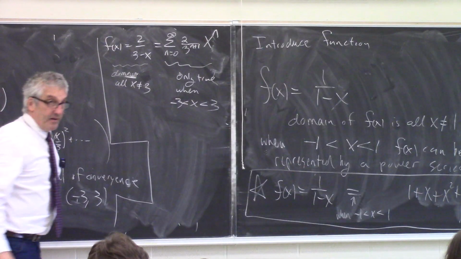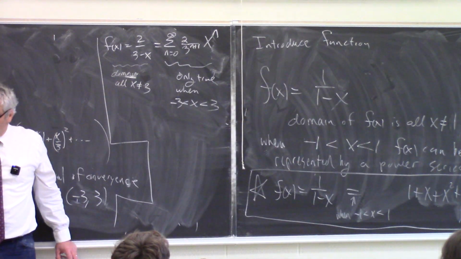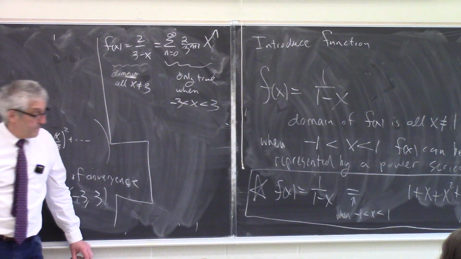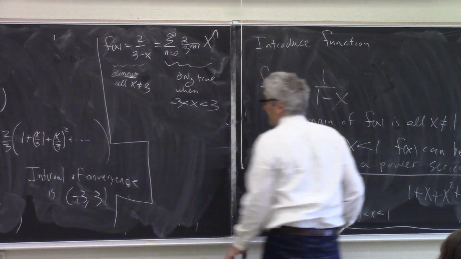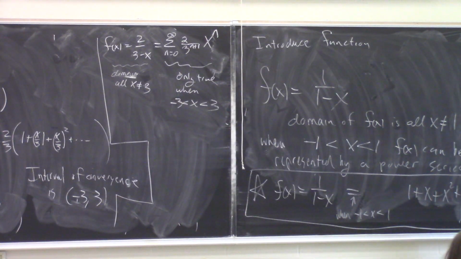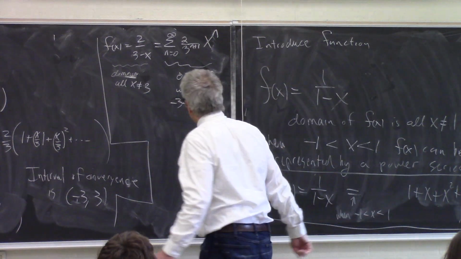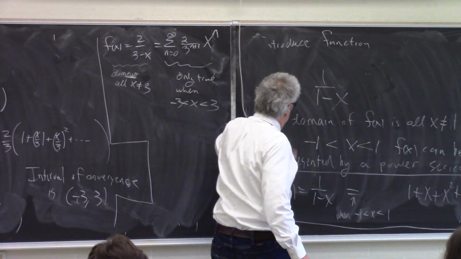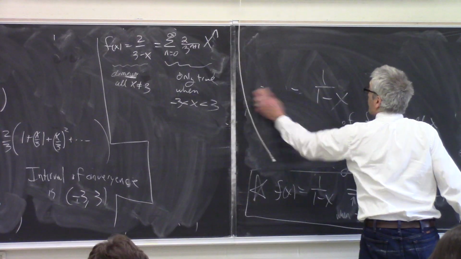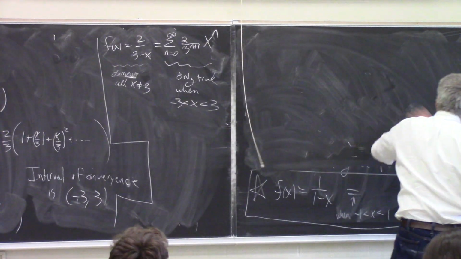So you get a power series representation, but it's only good for a smaller batch of x values. So that's the first example where we recognize this result lurking inside of another problem. I'm going to leave star there for now, because I'm going to do another example.